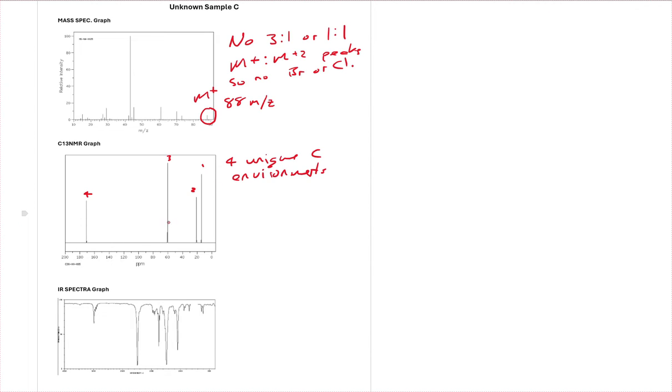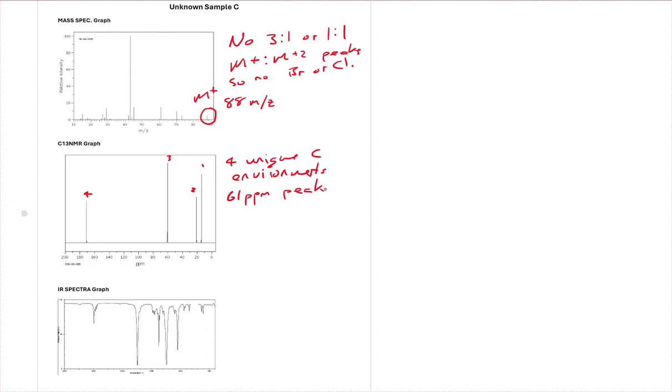Carbon number 3 looks like it's just above 60, so this is the 61 ppm peak. This is within the boundary for a carbon-oxygen single bond.